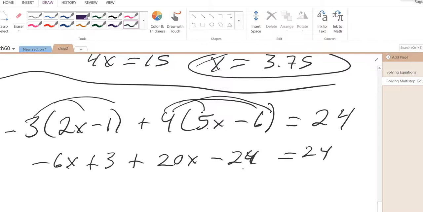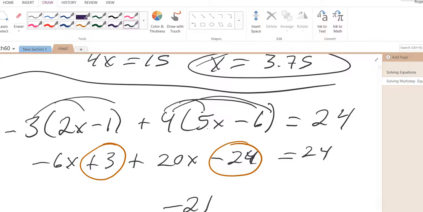Okay, now we want to combine like terms to make this equation a little bit simpler. So let's look at this. We have a 3 here and a 24 here. What's that going to give us? Negative 21, good. We have a negative 6 here and a positive 20.